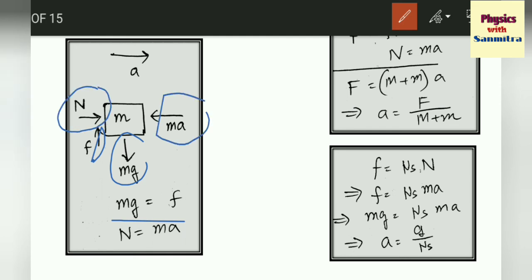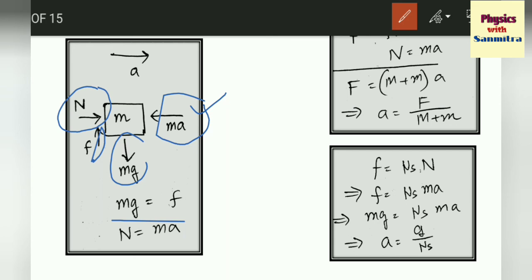Why is this ma happening? Understand it conceptually. When we apply a force of capital F to the larger block and small block system, the whole arrangement will go with an acceleration a, and due to that acceleration we get a pseudo force, small m into a, with respect to an observer in the frame of reference of the smaller block.